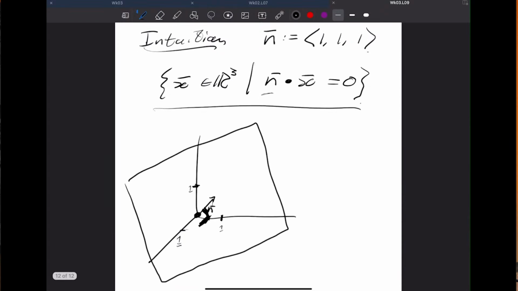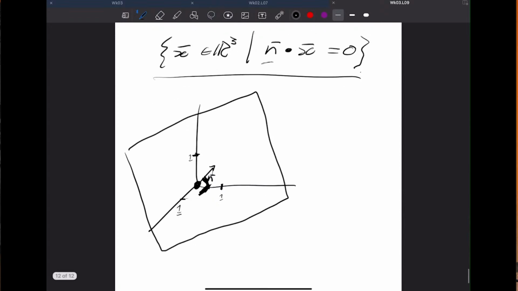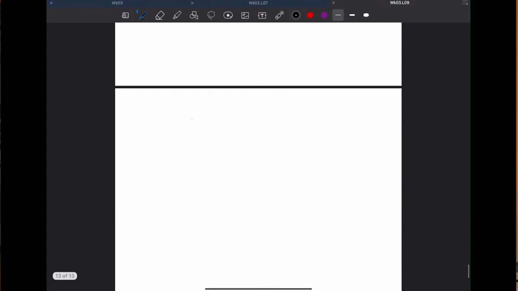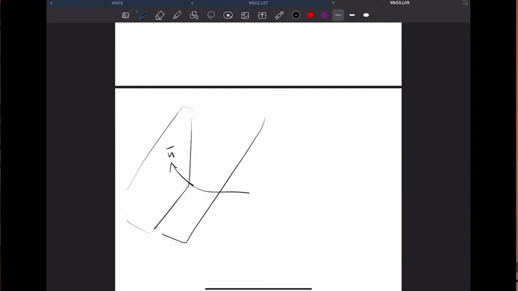However, this plane always goes through the origin. So, for example, if you have another vector, let's say n points in that direction, then the plane which is normal to n looks kind of like that, but it still goes through the origin.